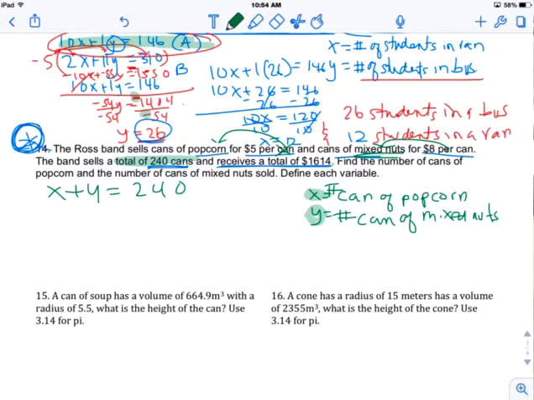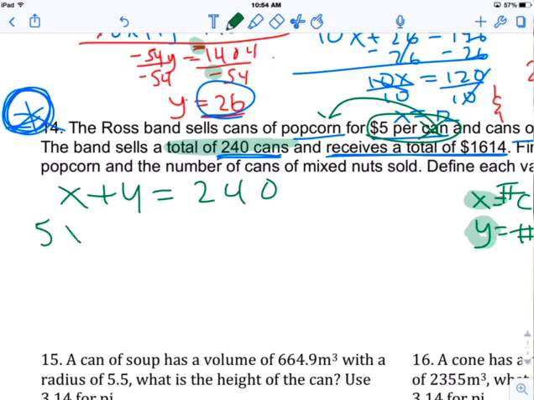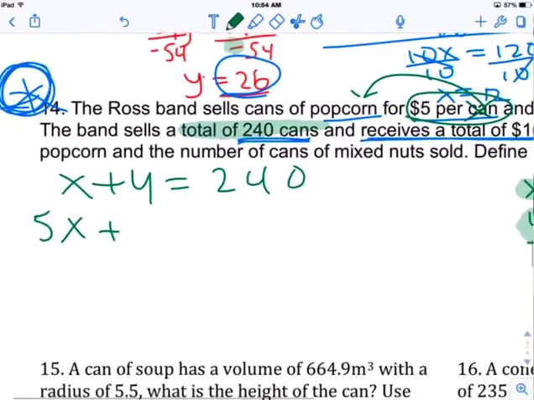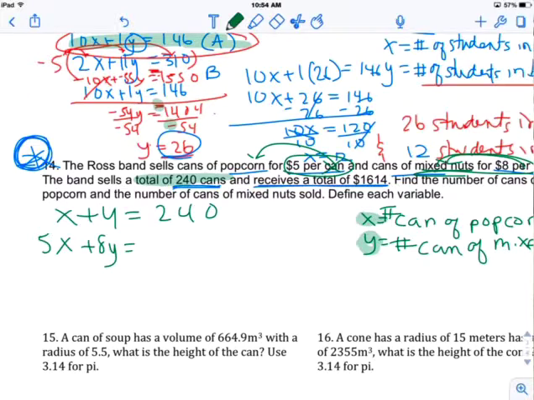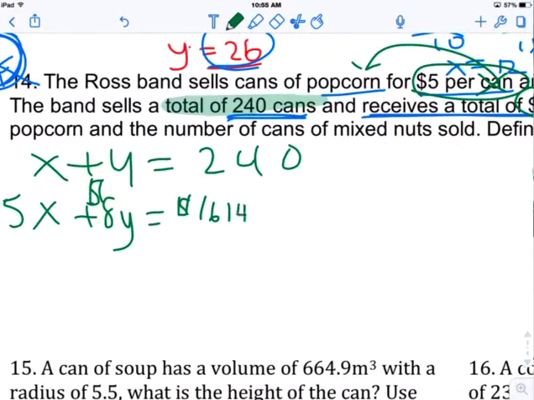Well, they cost $5 for the popcorn, so 5x for the popcorn, plus how much for each can of mixed nuts? $8, 8y. They receive, notice these are all dollars, $1,614.